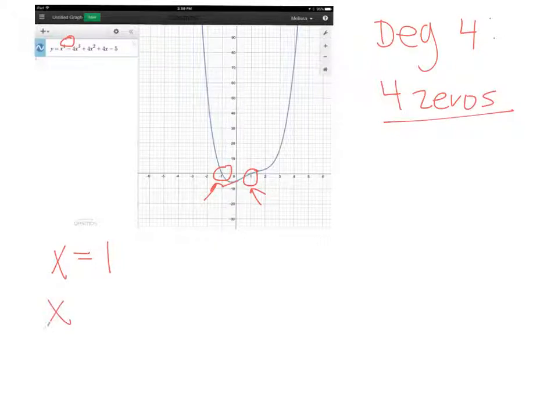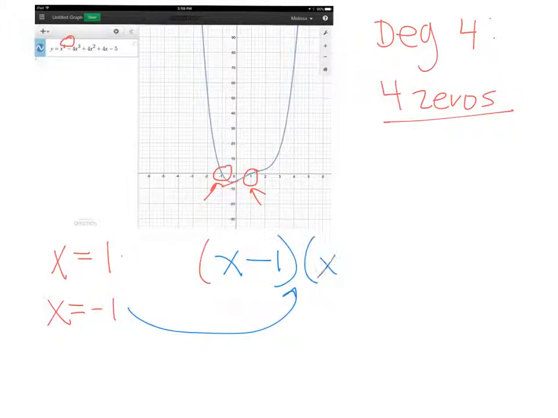So x equals 1 and x equals -1 are the zeros of our polynomial. If x equals 1 is a zero, then x minus 1 is a factor. And if x equals -1 is a zero, then x plus 1 is a factor.